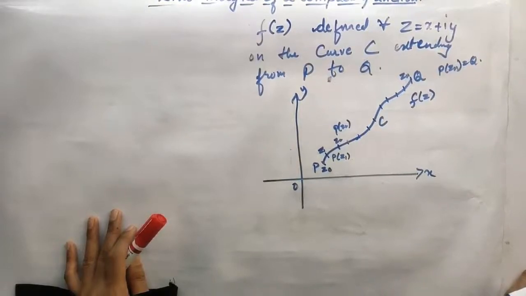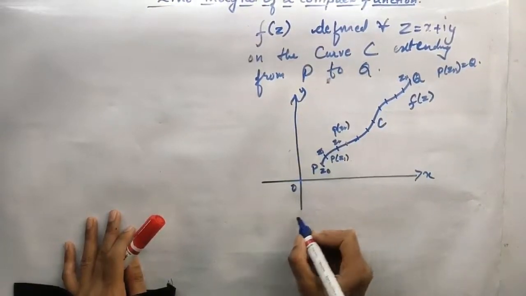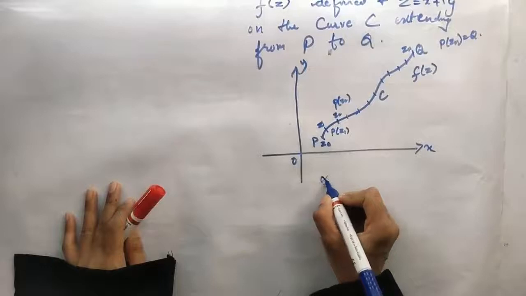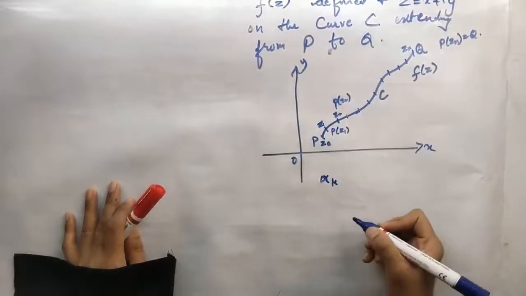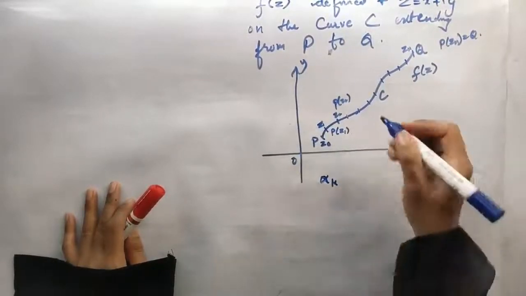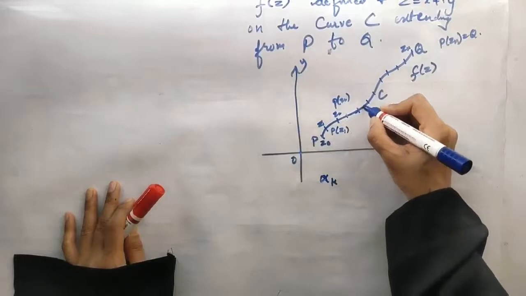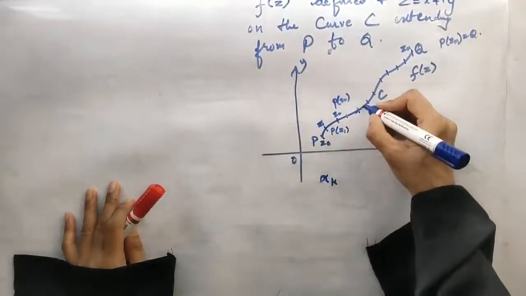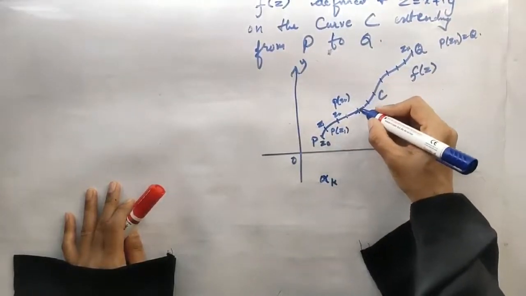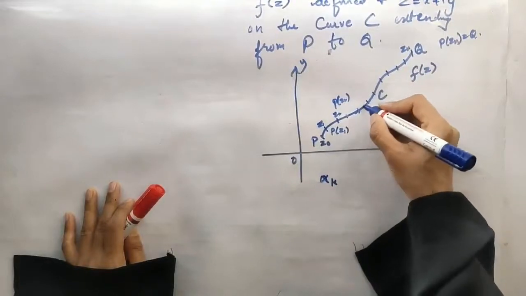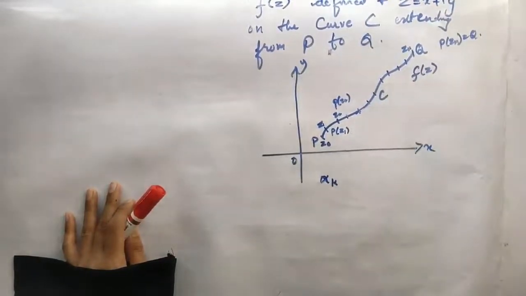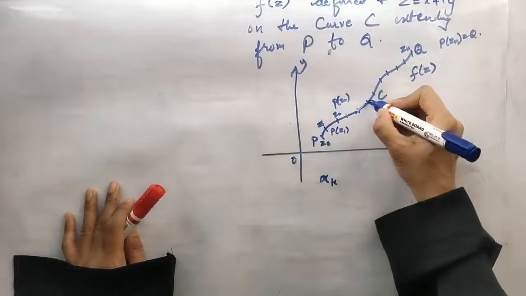Now what I will do is, I'll consider a point alpha k, an arbitrary point sitting in this part of the curve, or arc of the curve, I should say. Part of the curve is usually known as an arc, you know, right? Yes.